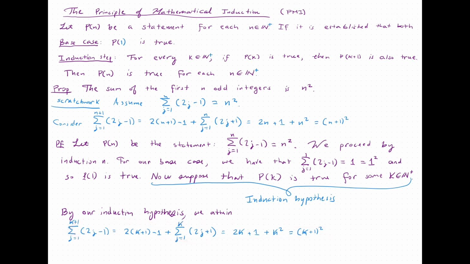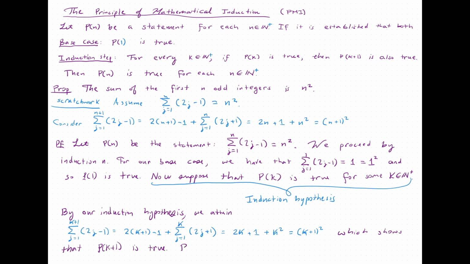The only difference is I switched the n's to k's, since everything is now in terms of k. And since now we have shown that this is equal to k plus 1 quantity squared, so we attain this, which shows that P of k plus 1 is true.